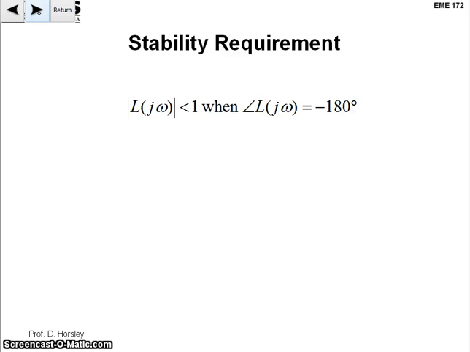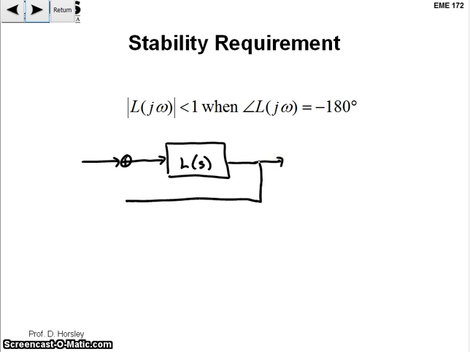So the idea is that if we have a block diagram that looks like this, we have a feedback system with some transfer function L of s. Okay, we have negative feedback here.